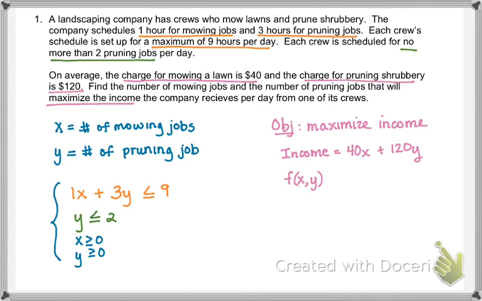So instead of just f of x, we're going to put f of x comma y. Or because it's income, instead of f, we could use I. It doesn't matter. So I'm going to use I, and I'm going to say my function for income, I, depends on x and y, and this is how you calculate it. 40x plus 120y.